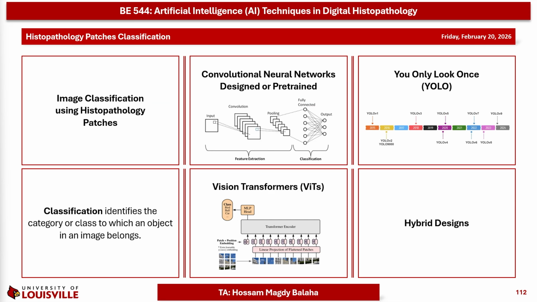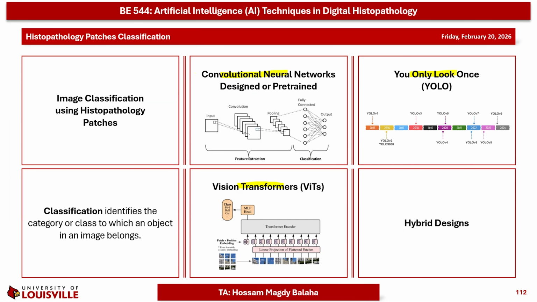There are multiple architectural paradigms that can be used in classification, such as Convolutional Neural Networks, or CNNs, which can be designed from scratch or fine-tuned from pre-trained models such as ResNet and VGG. Vision transformers, which treat image patches or tiles as sequential tokens and apply self-attention mechanisms.